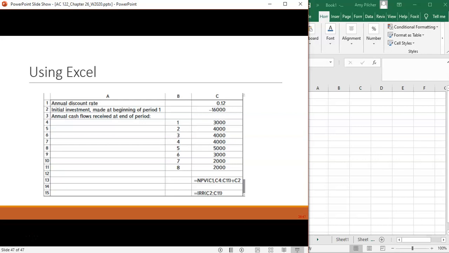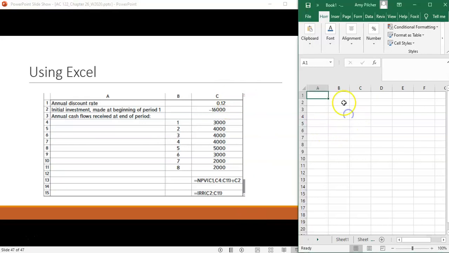So if I say that my minimum rate of return is 12%, as we can see on this example, and if it's a positive value, that means the rate of return on the project is higher than 12%. What that internal rate of return then will tell you is the exact percentage that that investment is actually giving you.